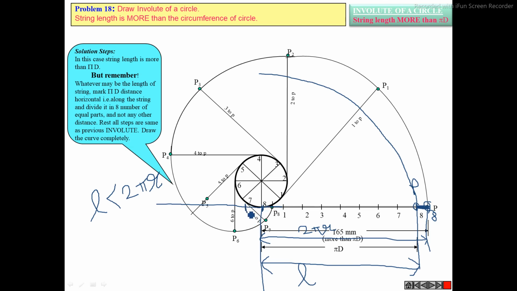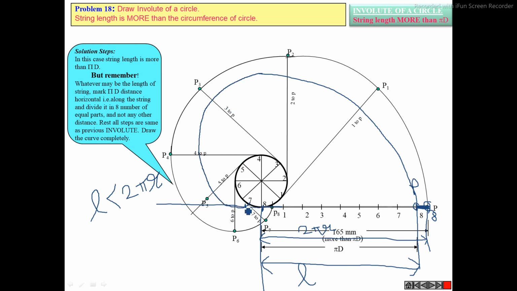This point is nothing but 8P, correct? Yes, sir. And this will be the last locus point of your involute, correct? Yes, sir.